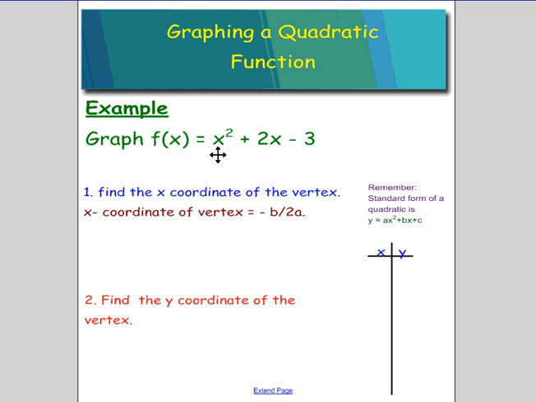Since it's x squared, there's only one x squared, so the a is going to be just 1. And then the b is going to be 2. That's a little more obvious. So we have our a and our b, and then we're going to plug that into the equation. So we're going to have x is equal to negative 2 over 2 times 1. If we simplify that, we'll find that x is equal to negative 1.